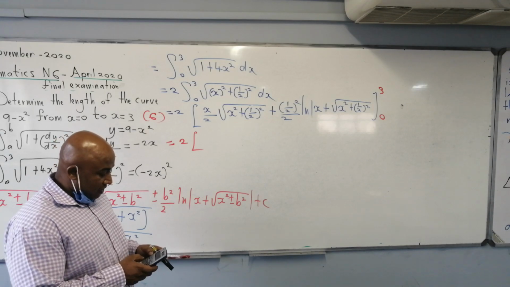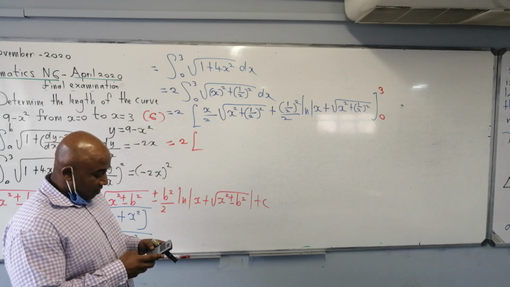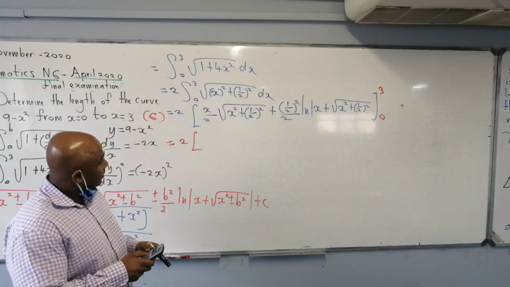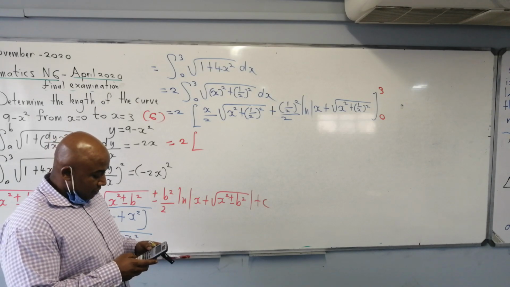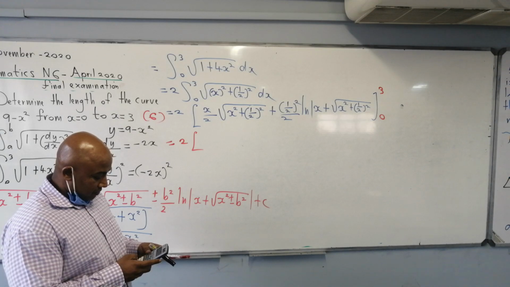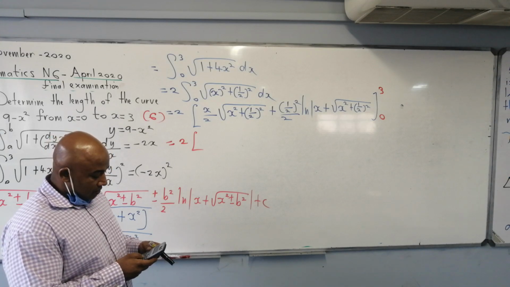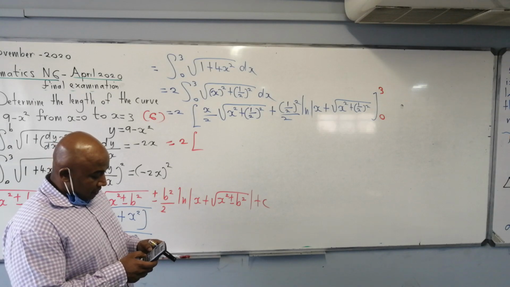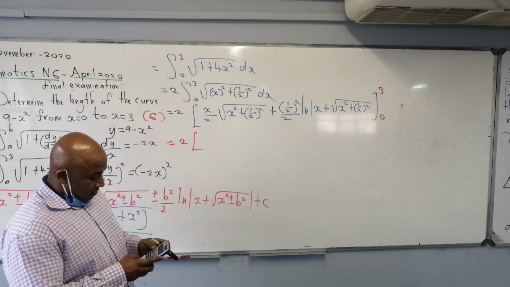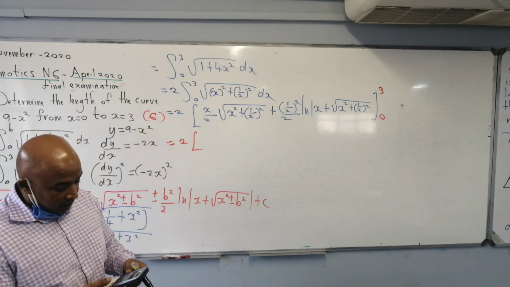That's x over 2 times the square root of x squared plus 1 over 4, plus 1 over 4 divided by 2, then ln of x plus the square root of x squared plus 1 over 4. So what are we substituting? 3.